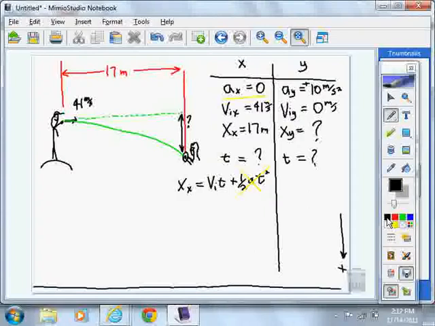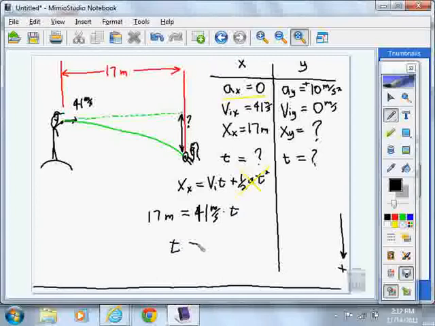So you're left with 17 meters equals the initial... Oh, no, we have the initial velocity. 41 meters per second times the time plus 0.